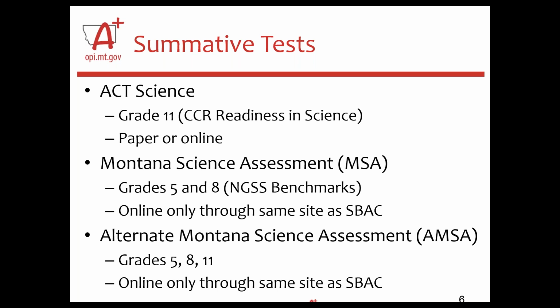And we also have the alternate Montana Science Assessment given in grades 5, 8, and 11 for our students with the most severe cognitive disabilities. And of course, the AMSA is also aligned to the NGSS. So these tests can all be taken online.